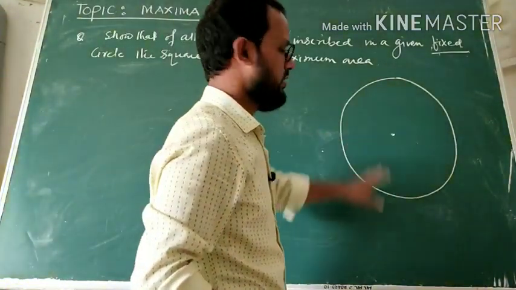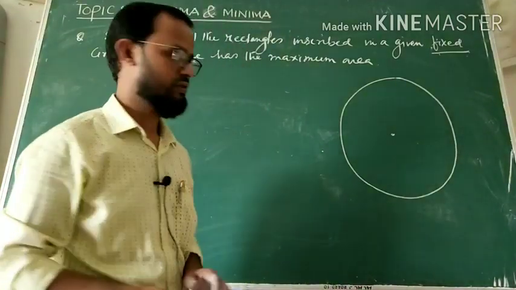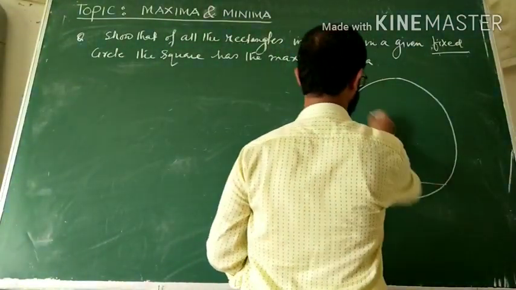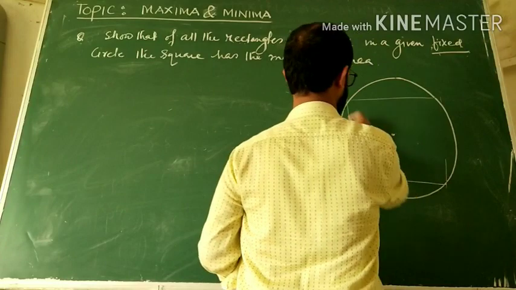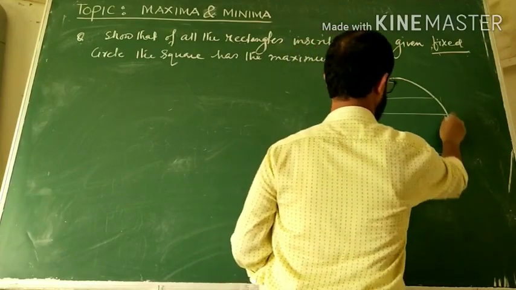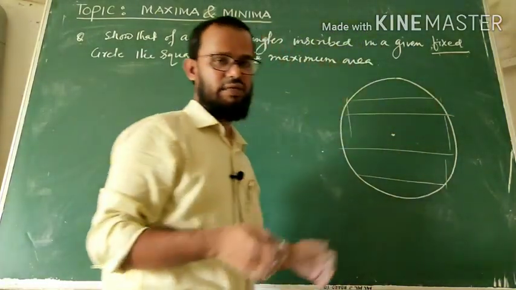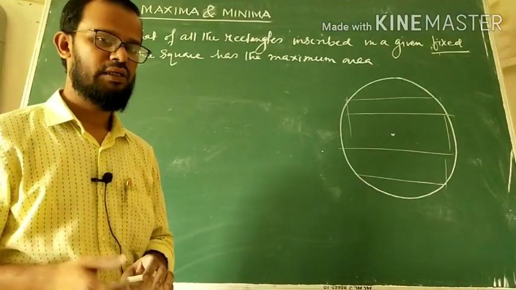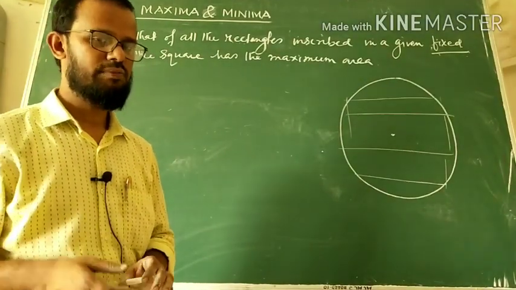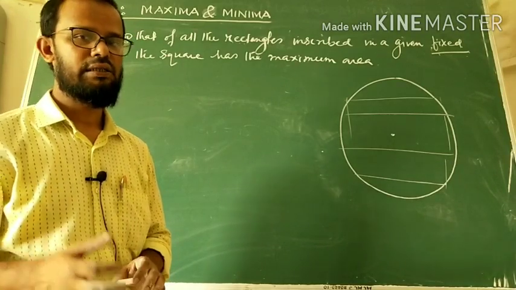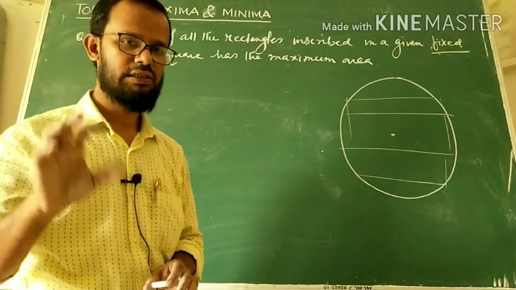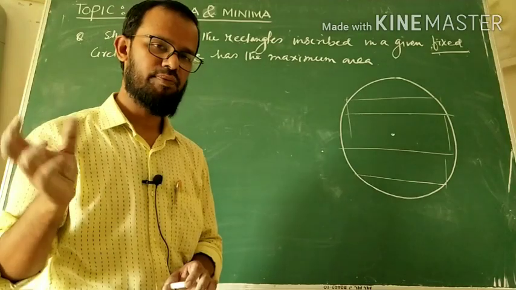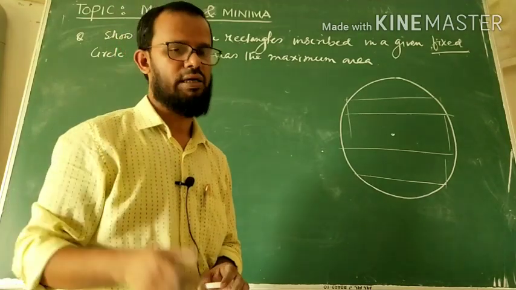So in this circle you can draw many rectangles. Every rectangle will have a different area. The question's demand is that the rectangle with maximum area becomes a square.